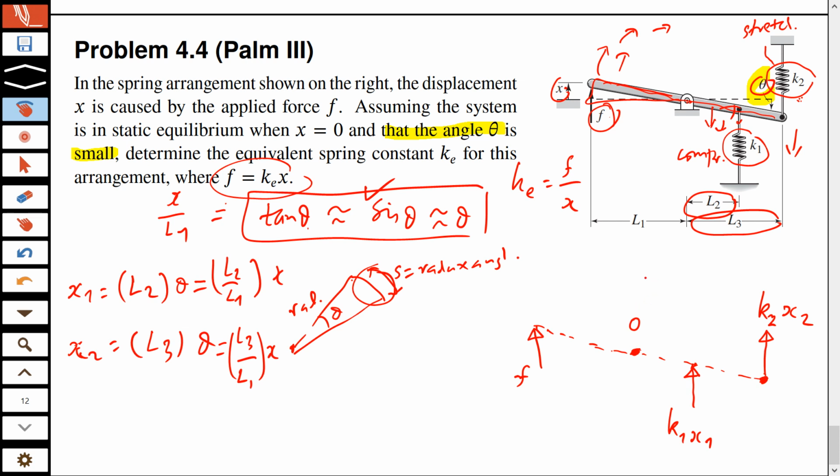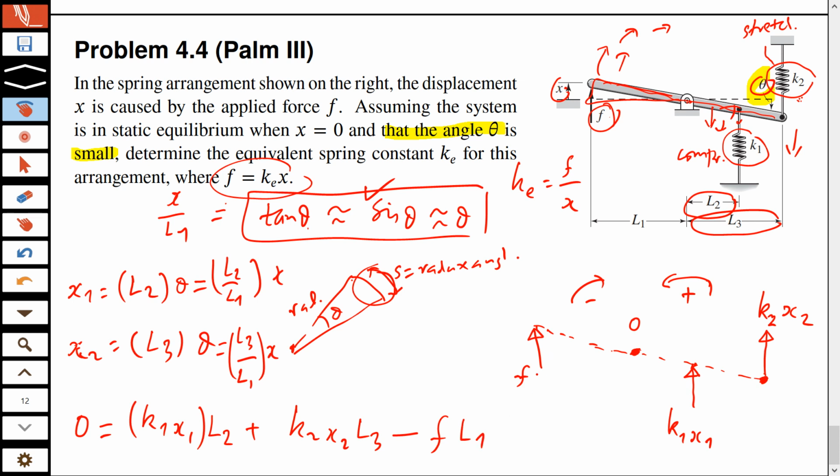Now obviously, about point O, we can call anticlockwise on this side plus and the other minus. So 0 will be equal to K1x1 times L2 plus K2x2 times L3 minus F times L1, because the torque of F will be clockwise.